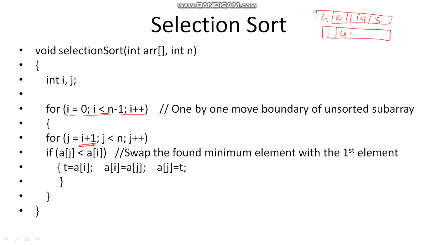It could be anything, 2, then 4, 9, 3, and then we have to do the comparisons of a of j from the second position, that is i plus 1. So that's the reason I am making these changes.